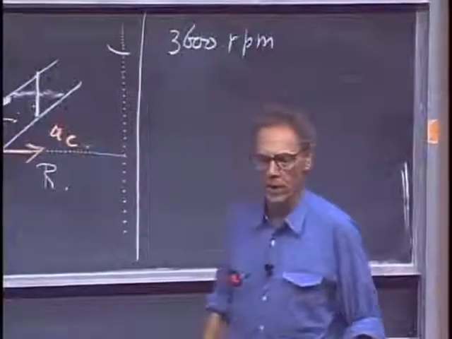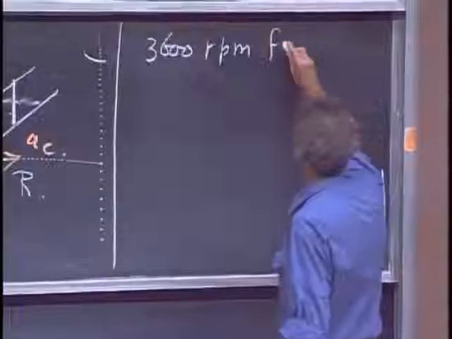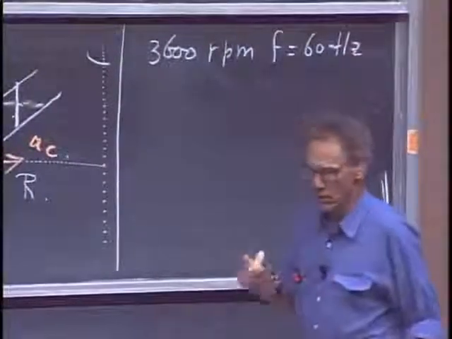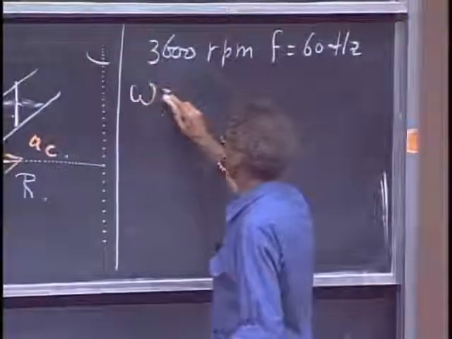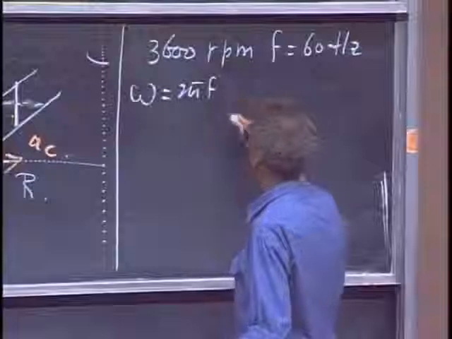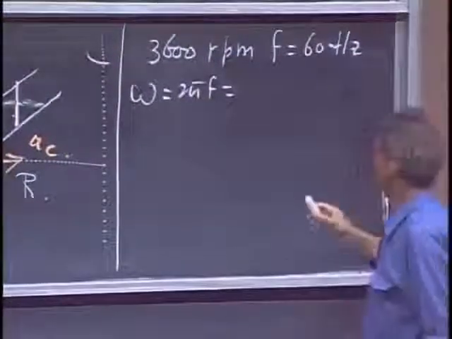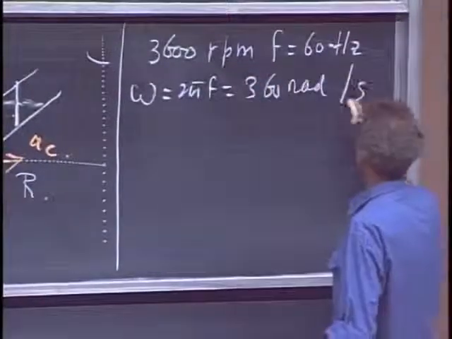So 3,600 RPM translates into a frequency of 60 Hertz. So it goes around once in 1/60th of a second. Omega is 2 pi times f, therefore roughly 360 radians per second.